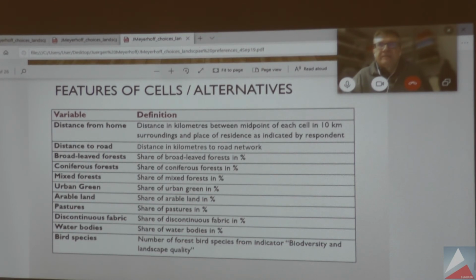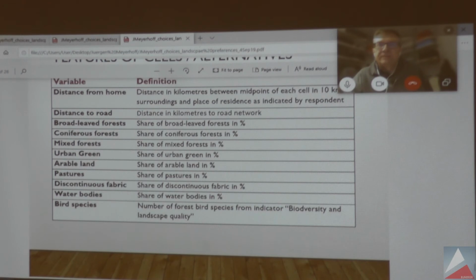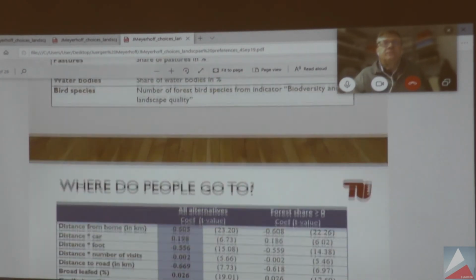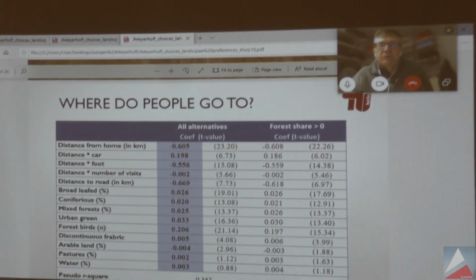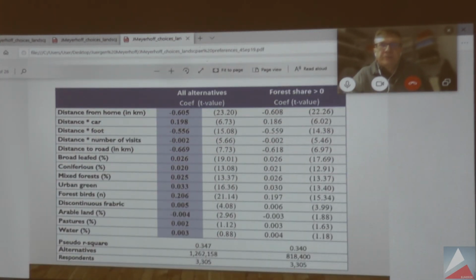So what we then did, on my last slide, is again use a regression technique to analyze the influence of these different land uses, the characteristics of each of these cells. And what you can see from this regression is that, for example, the distance, indicated in the first row, is of very strong importance for the choice of the forest.